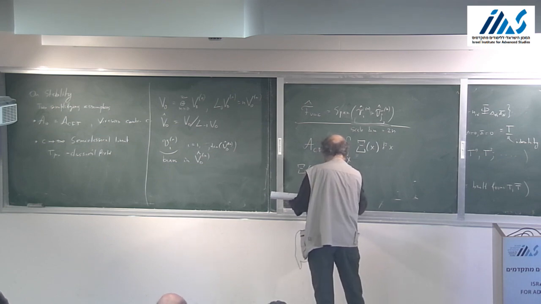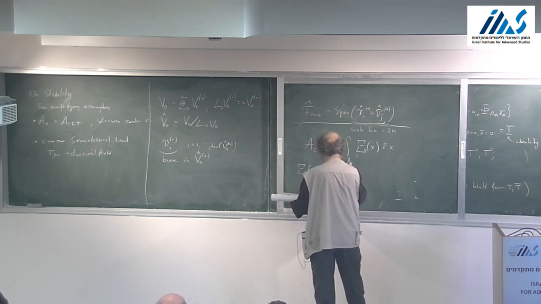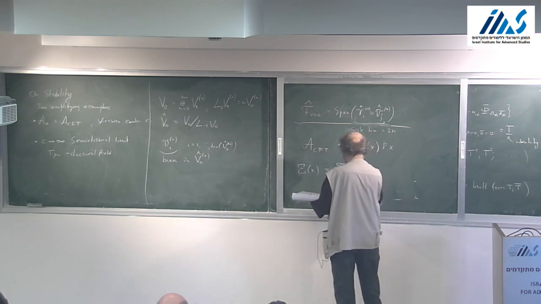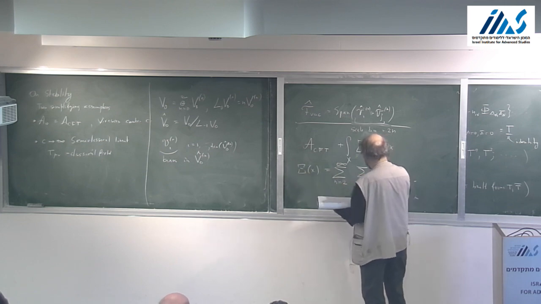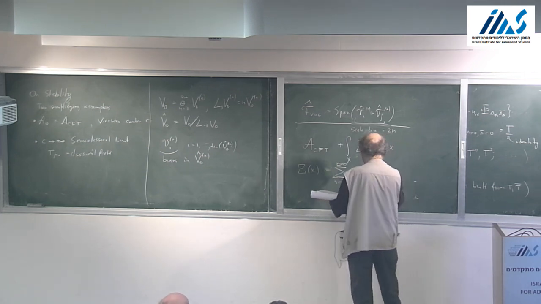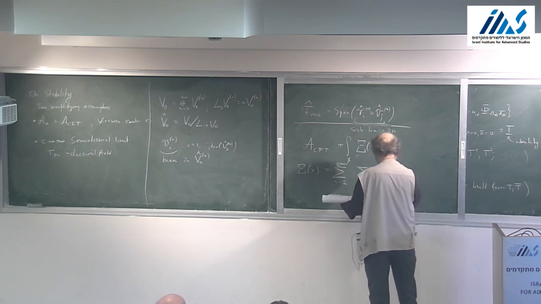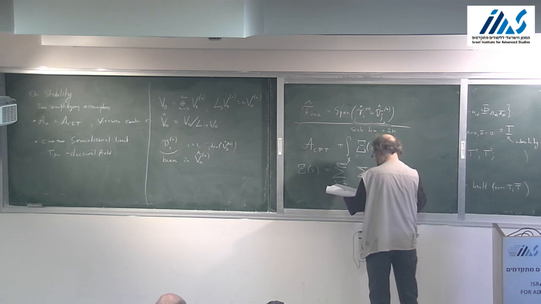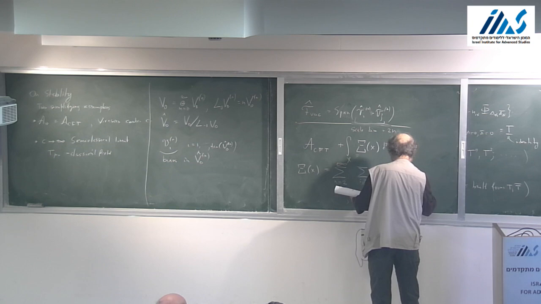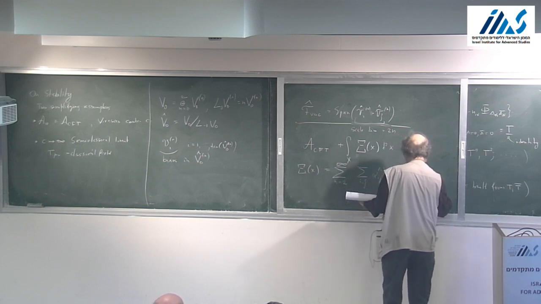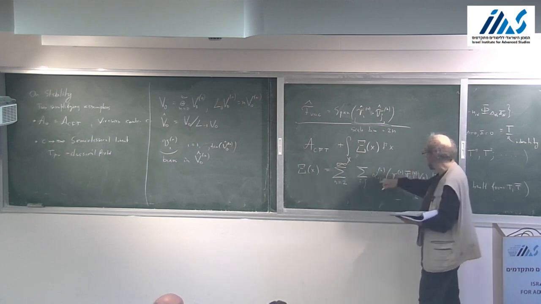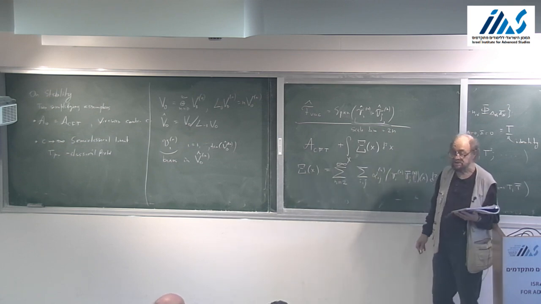Sum from n equals 2 to infinity, sum over i and j for each n, alpha_ij^n times v_i^n v_j bar^n of x d2x. So it is determined by infinitely many coefficients.